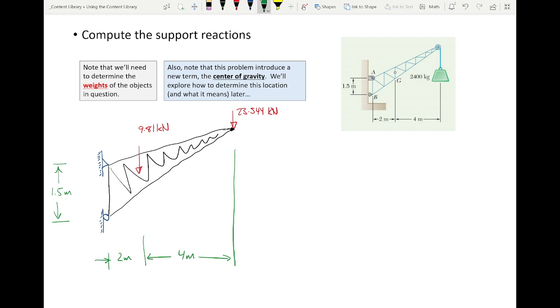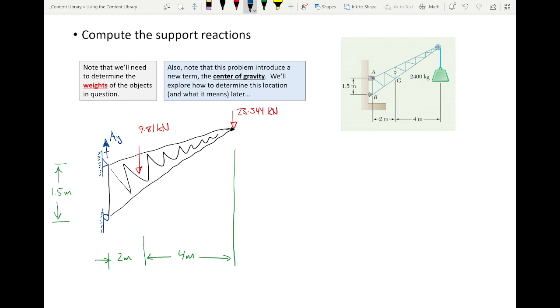And in terms of our reactions, how many unknown reactions do we have right here? 1. How many here? 2. So here's what I'm going to do. I'm going to say that my vertical reaction here is acting upwards. So we'll call this AY.